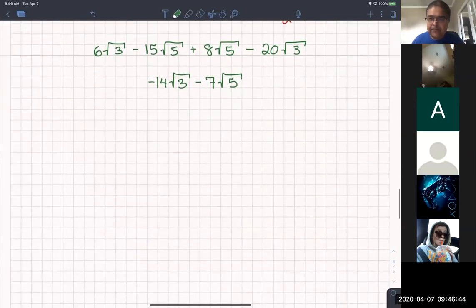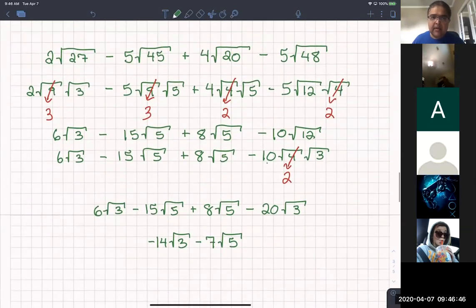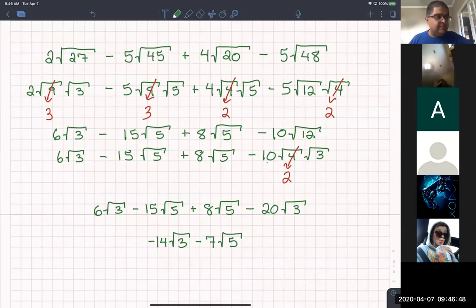So, Mr. D, if we had another number that we cannot simplify instead of 12, we will just combine the fives and write the rest down like how they are? Yes, because the radical would be different. Say that was the case.